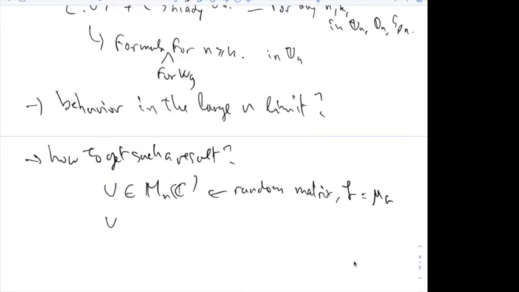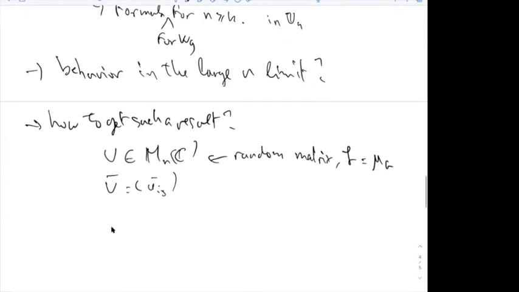I'm also going to study U bar, which is the entry-wise conjugate. So it's not the inverse. What you need to remember here is that the map that from U associates U bar is a group morphism. This is actually the link to the adjoint action, basically, and this plays a big role. So I'm looking at this random matrix and that random matrix.